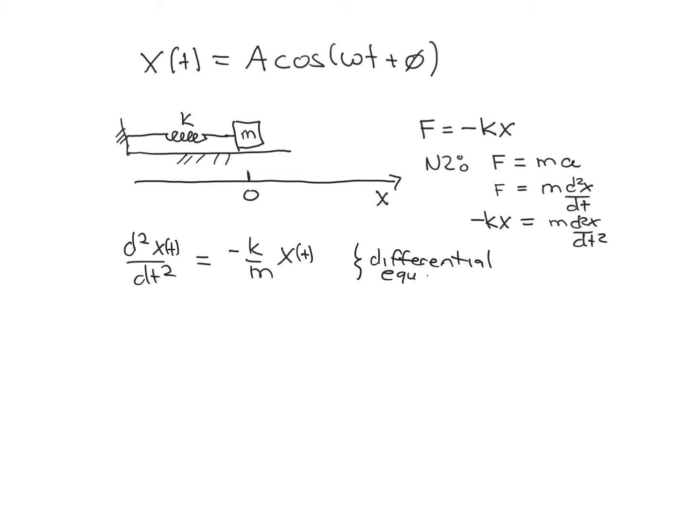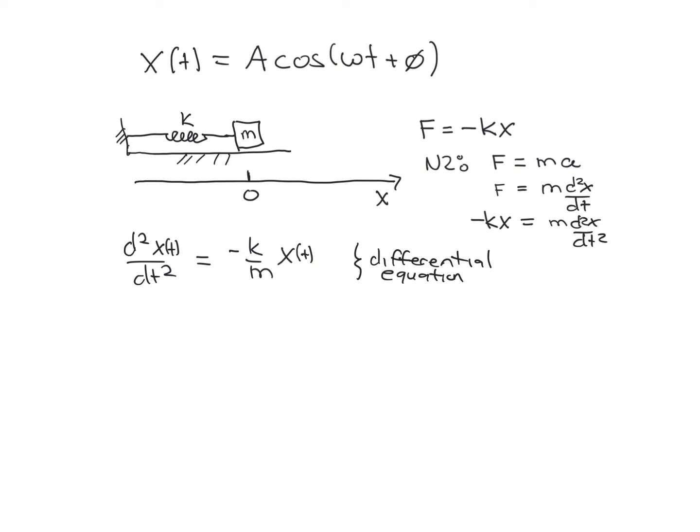And that just means that it involves derivatives. So when we talk about finding the solution to a differential equation, what it means is we're trying to find a single function, x of t, that when we plug it in on both sides of this equation, the left-hand side and the right-hand side are always equal to one another at all different times t.